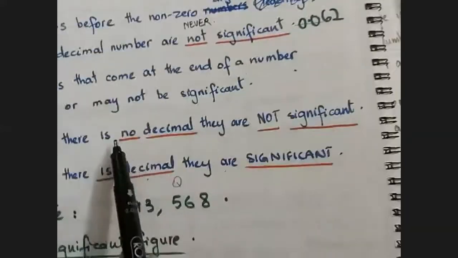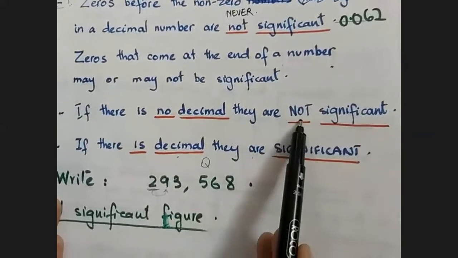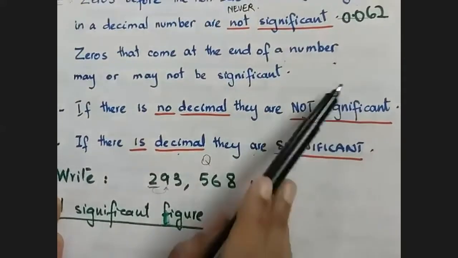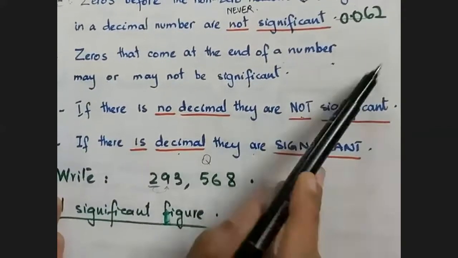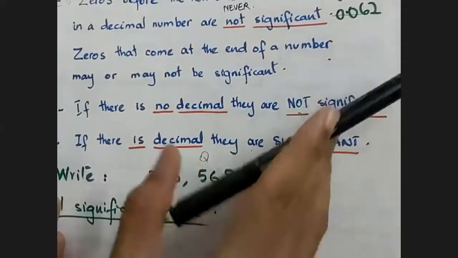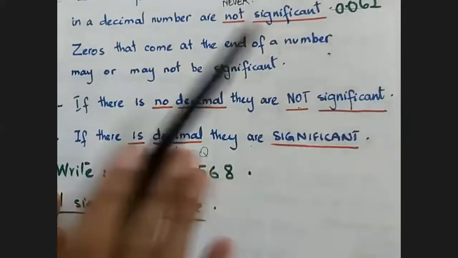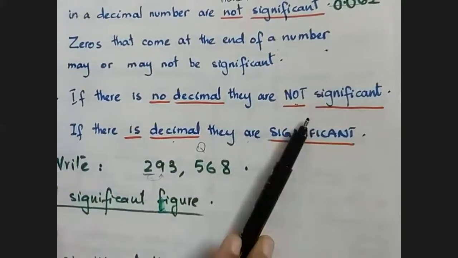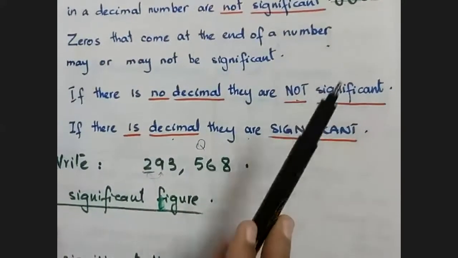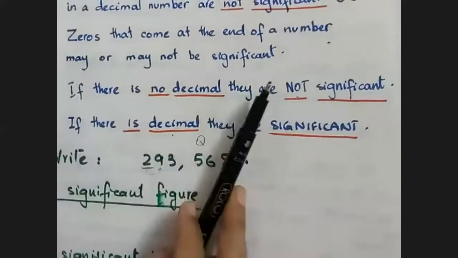If there is no decimal, then the trailing zeros are not significant, provided you don't have any other information. If the question gives you some information, then you have to decide accordingly. If you think it was an estimate, you will not count the zeros. But if the situation in the question tells you that they can be exact about these zeros, then you will count those zeros as significant.